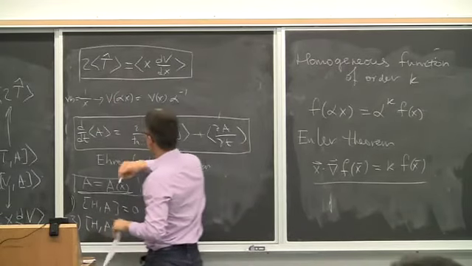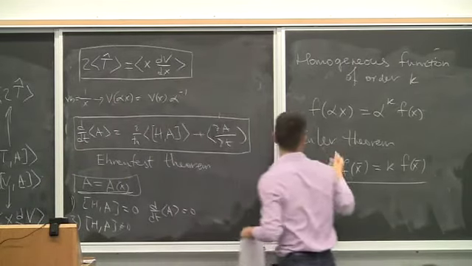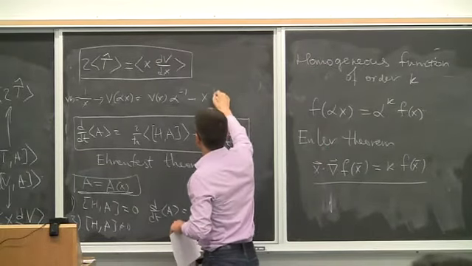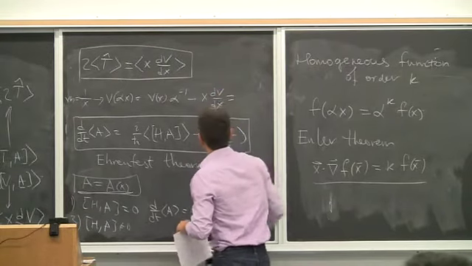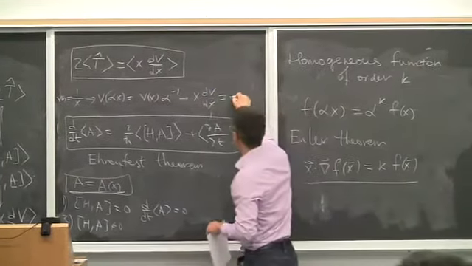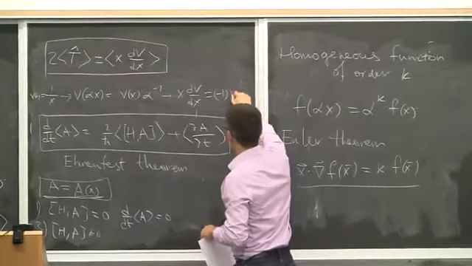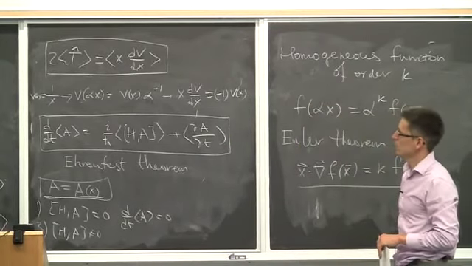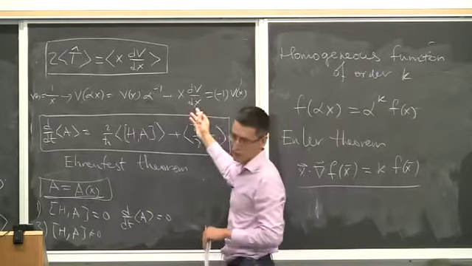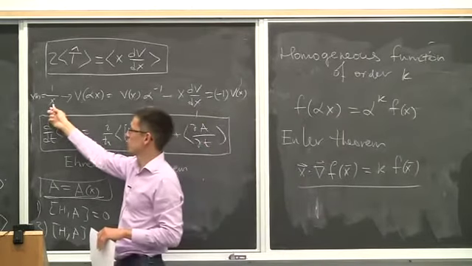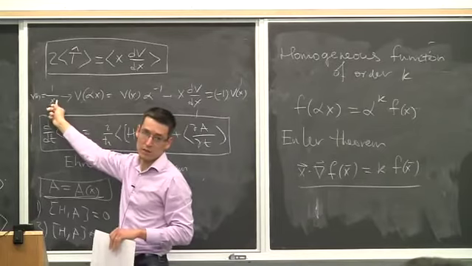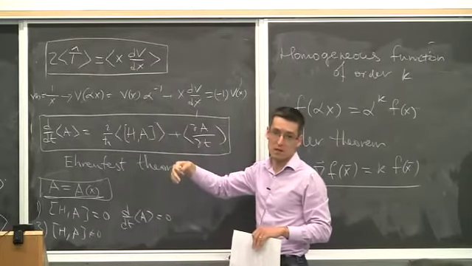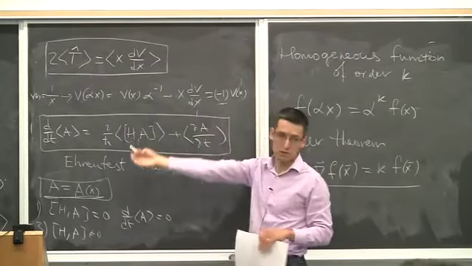Then according to Euler's theorem, x dV over dx would be minus 1 multiplied by V of x. And you can see with direct differentiation, if you differentiate this, you will get minus 1 over x squared in the denominator. Then you multiply by x, you get back 1 over x, and the minus 1 will be in front, right?